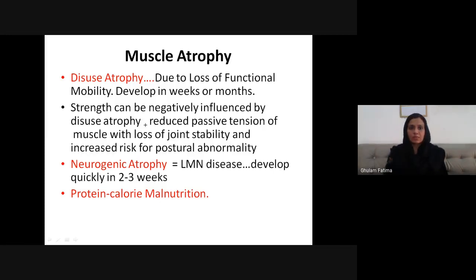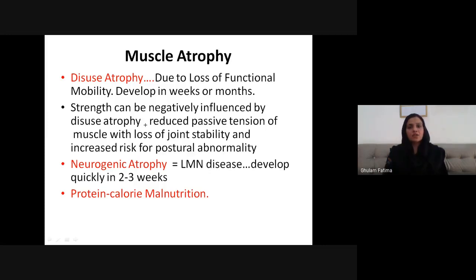As you can see from its name, it shows disuse. It means that it develops due to lack of muscle use. This is a kind of atrophy which develops within weeks or months, meaning it takes some time to develop. As a result of this atrophy, there is a significant loss in strength, and there is reduced passive tension of the muscle.